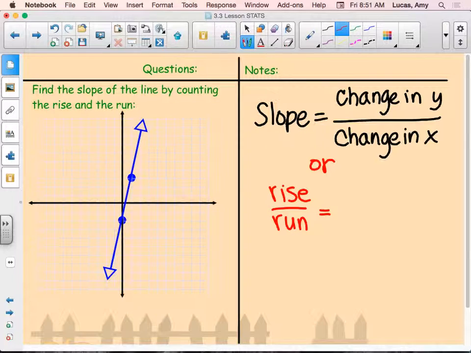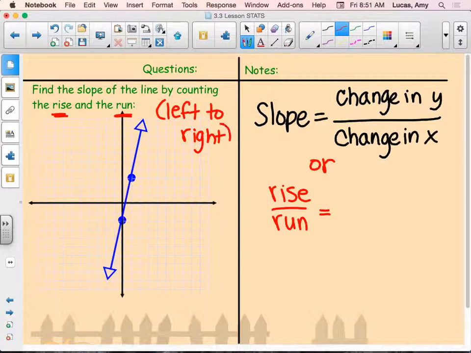So when you're looking at a graph, you don't have to use the slope formula that I wrote on the previous slide. You can simply count the rise and count the run. Make sure that you start at the point on the left. Remember, read your slope left to right.